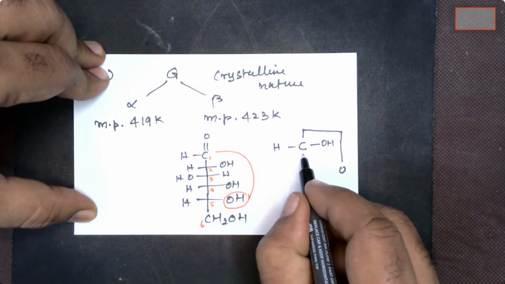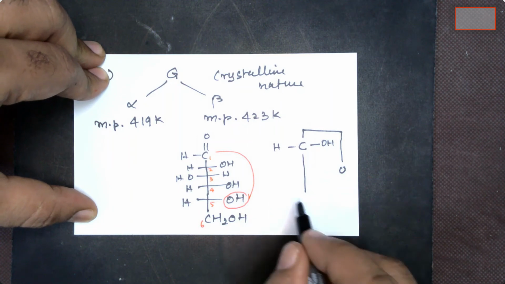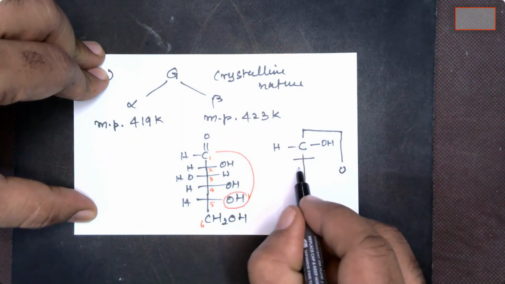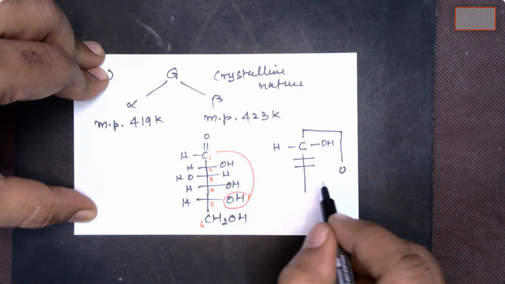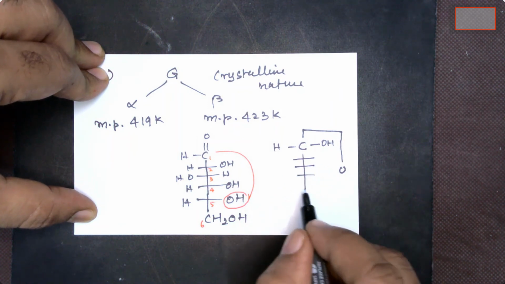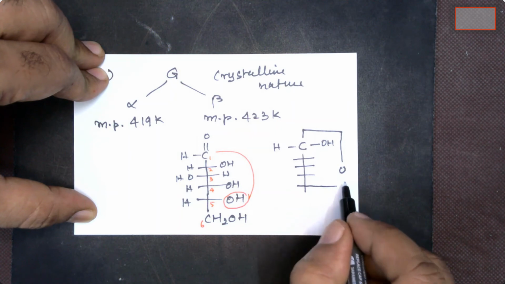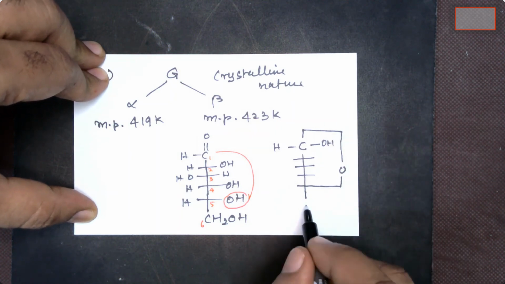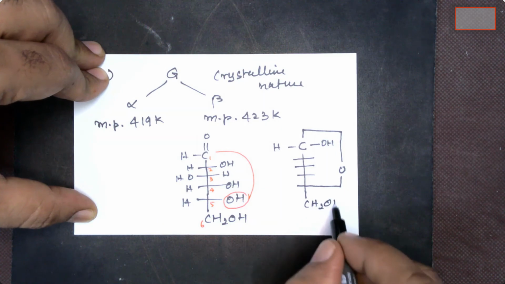So first carbon atom, second carbon atom, third carbon atom, fourth carbon atom. As I already told you, the fifth carbon atom would have formed a hemiacetal ring, and this is the CH2OH.